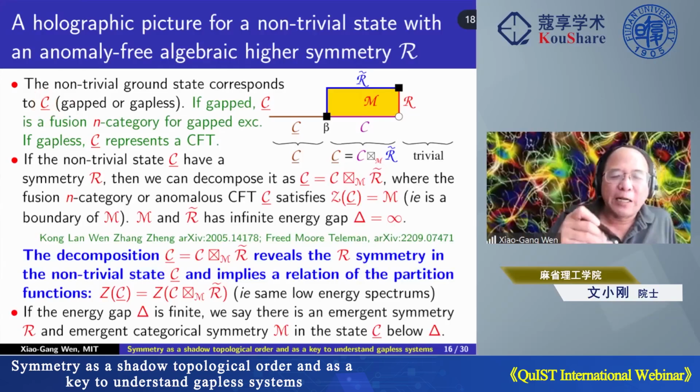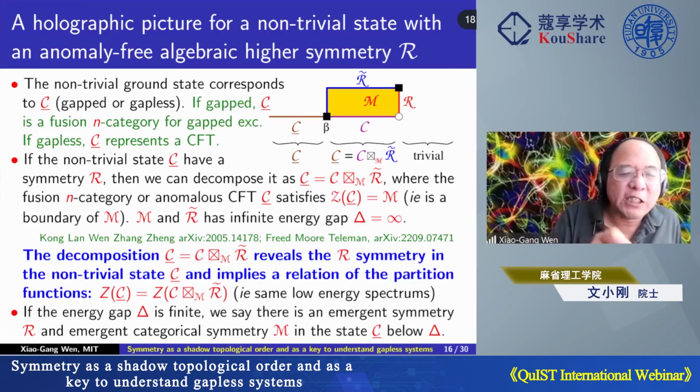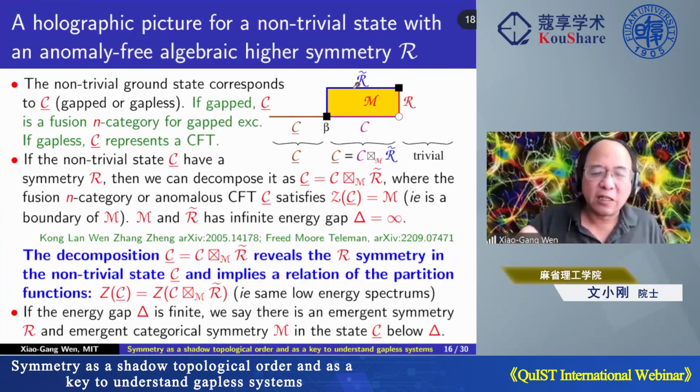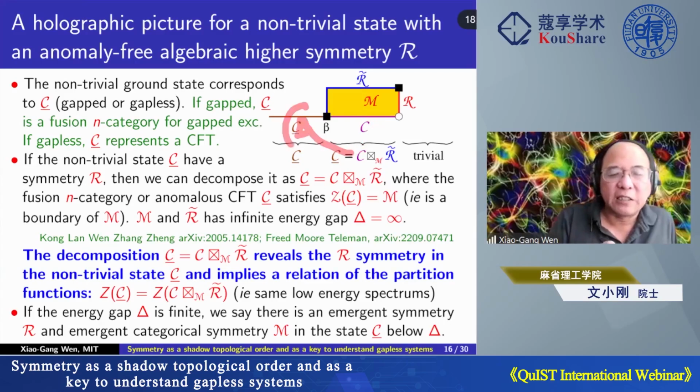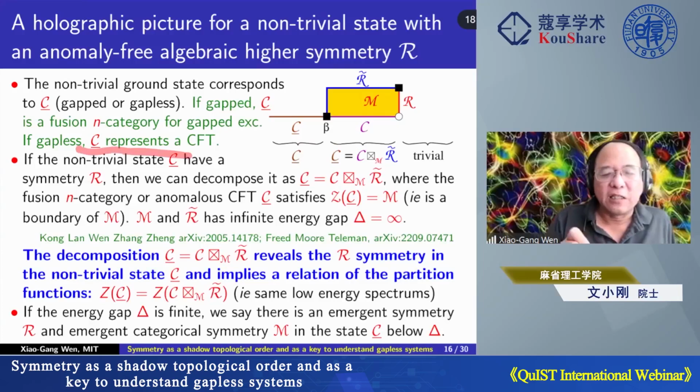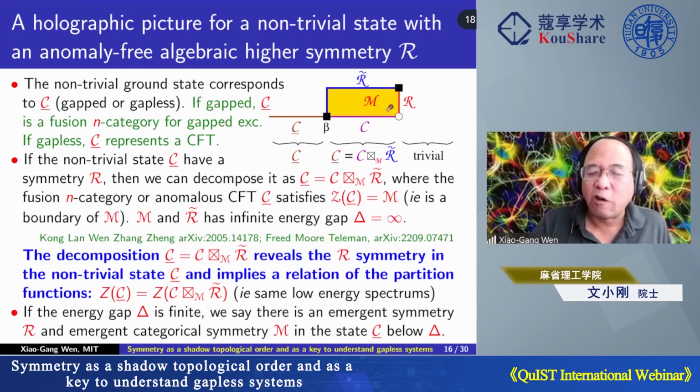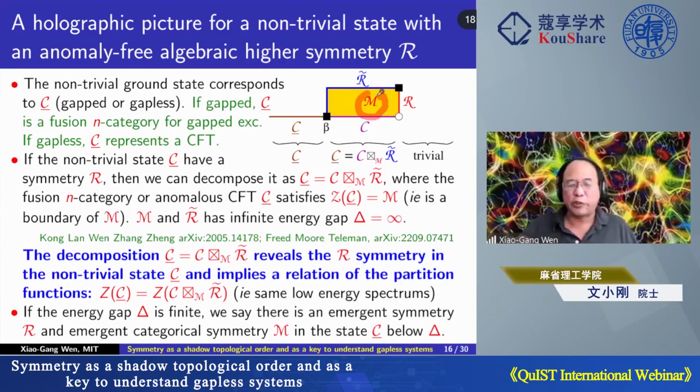Again, similarly, if this system allows this decomposition, meaning it has a combined system like this, which reproduces the low-lying extension of the original system, then we say that this system has a symmetry. This symmetry M is called categorical symmetry, and R is called the symmetry.